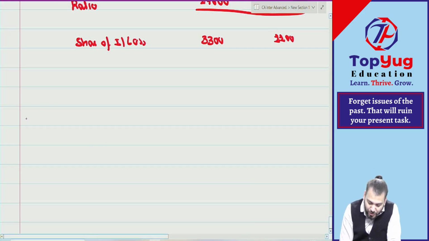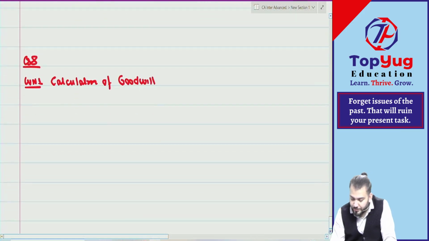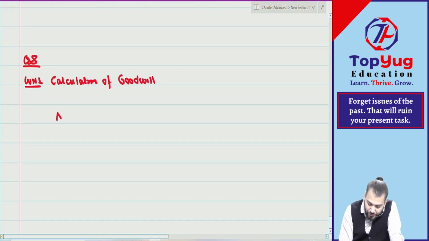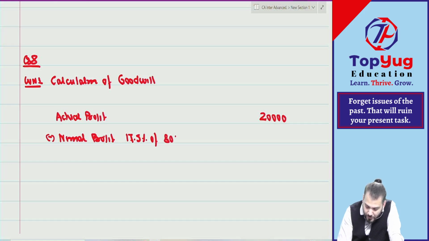Working note means we are doing question number 8. But the working note number 1 is what? Calculation of goodwill. But what is the actual profit? Less normal profit, 17.5% of 80,000.